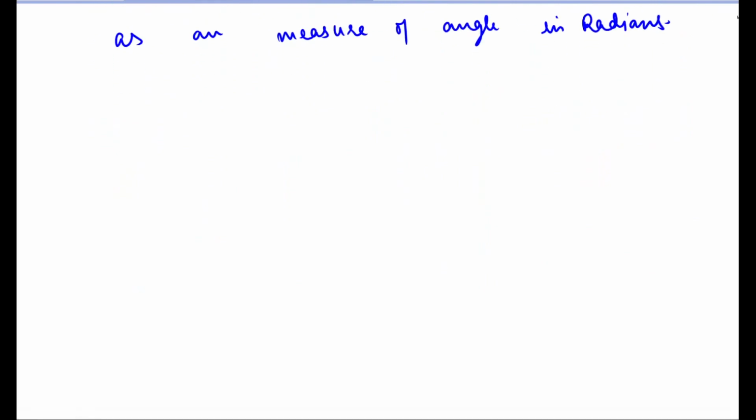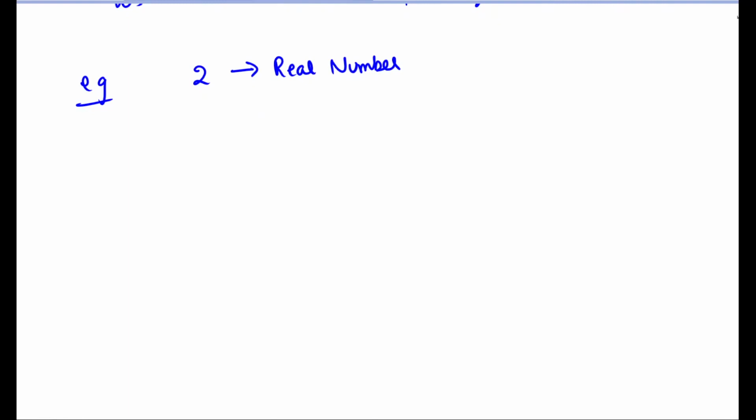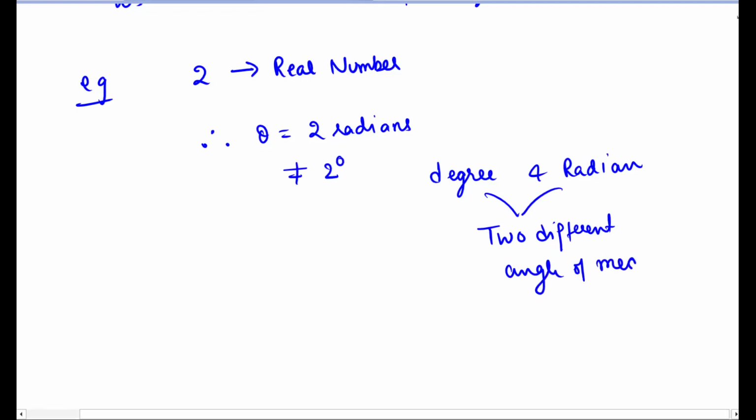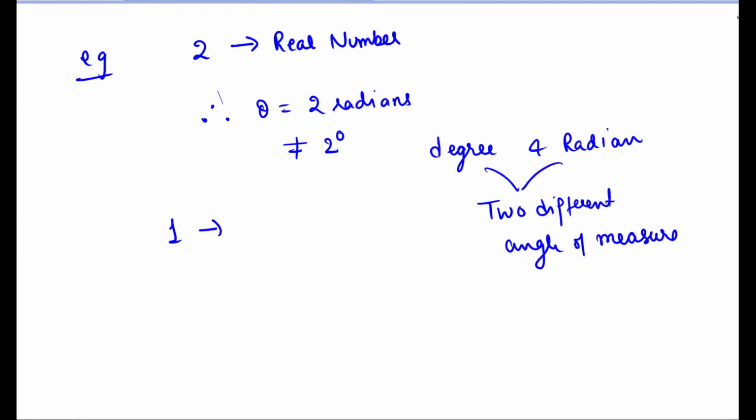So for example, 2 is a real number, therefore theta is 2 radians, which is not equal to 2 degrees, because degree and radian are two different measures of angles. Or we can take 1 as a real number.